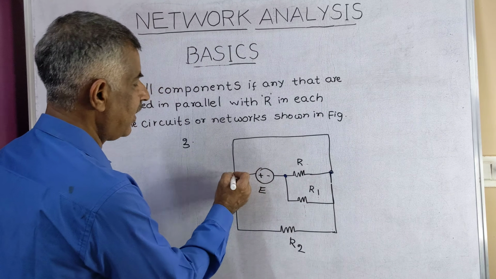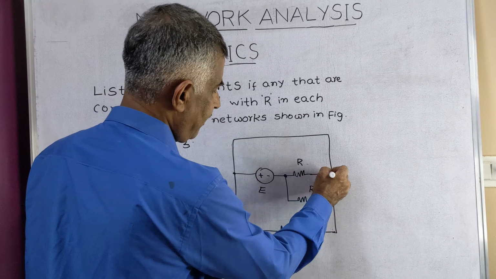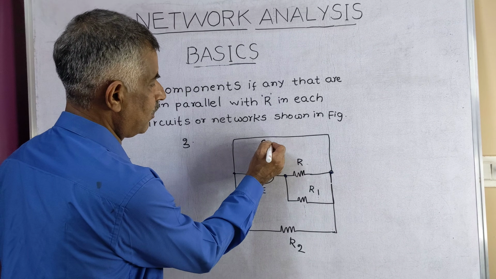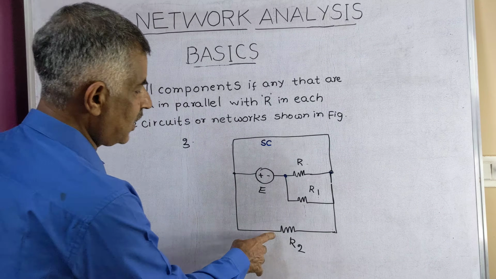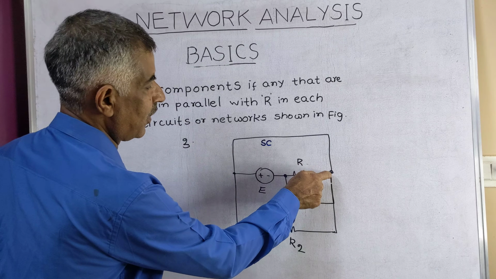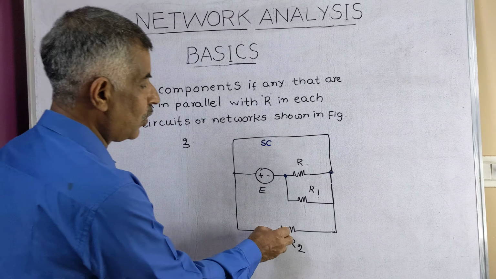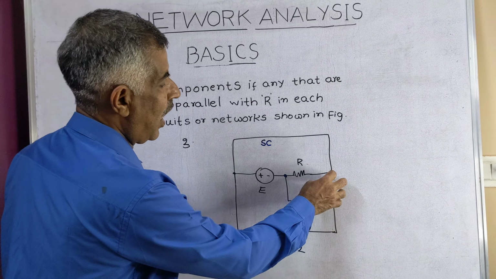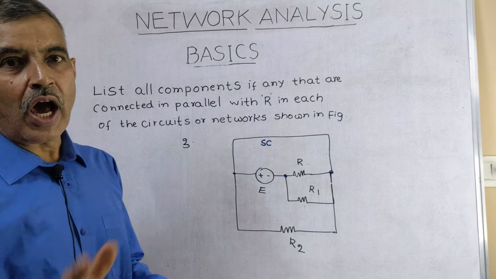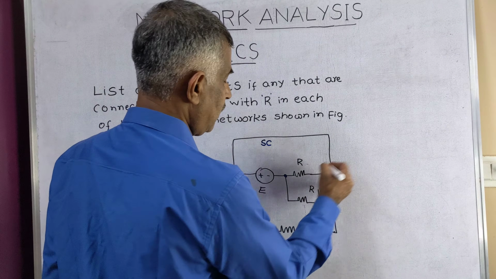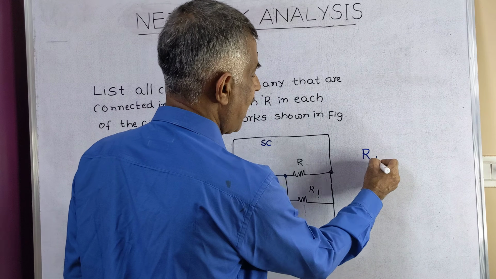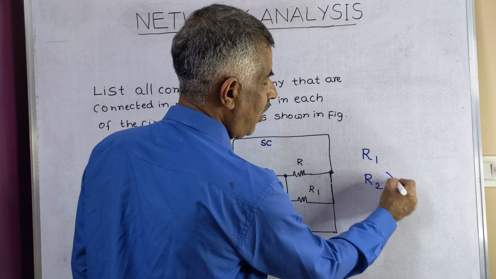If you coincide this with this due to short circuit, then this end of R will fall here. So both the ends of R2 are with this. Therefore, R2 is not in parallel. Therefore, only R1 is in parallel. R2 is not in parallel.